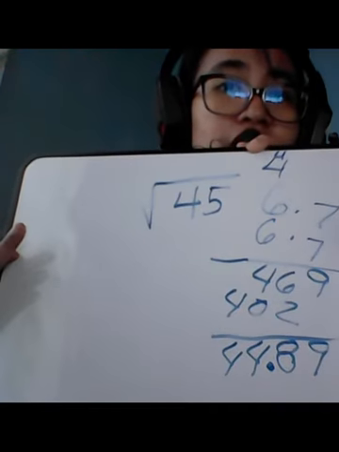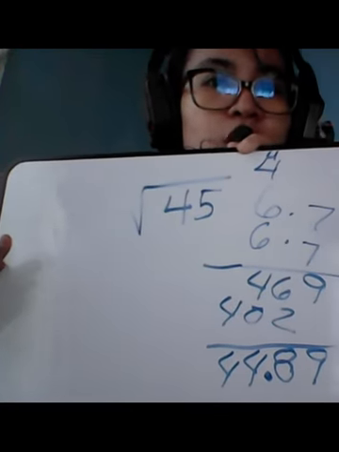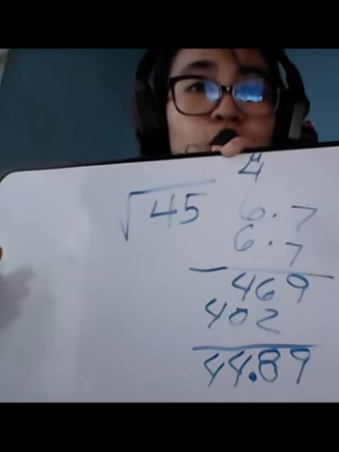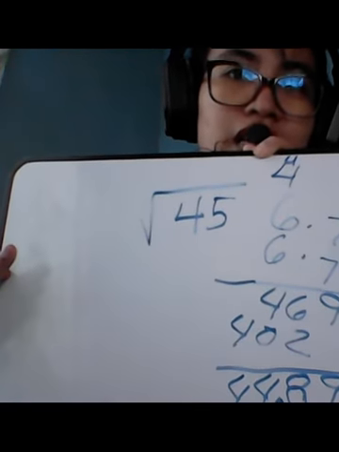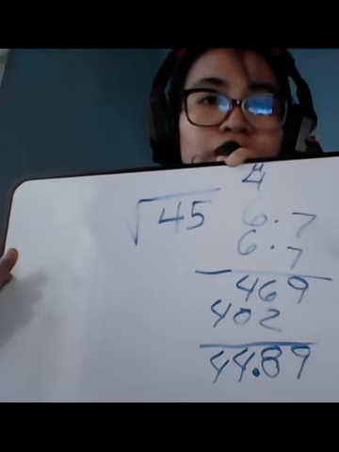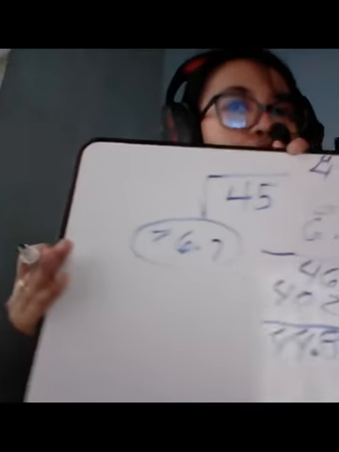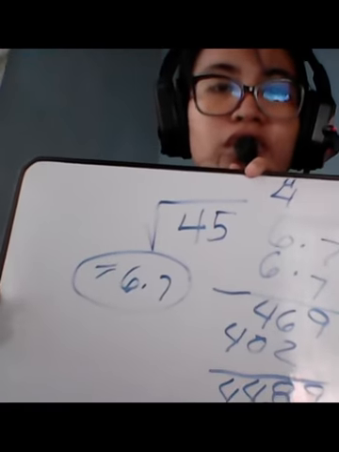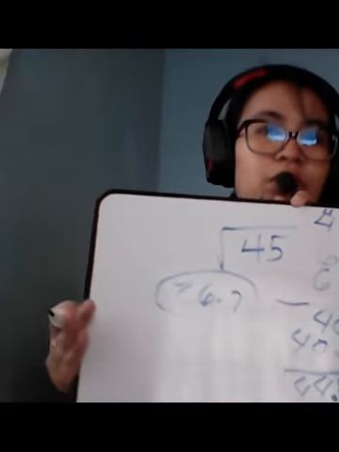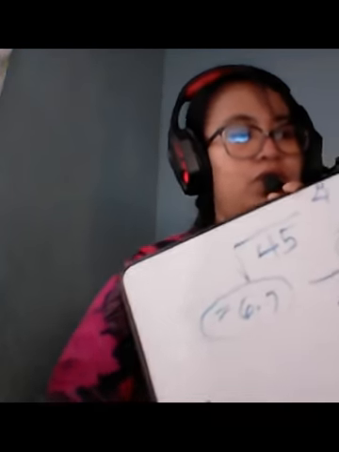Since it is near now to our 45, we can conclude that the square root that is nearest hundredth of 45 is 6.7. So our answer is 6.7. So that's our example for the last one.